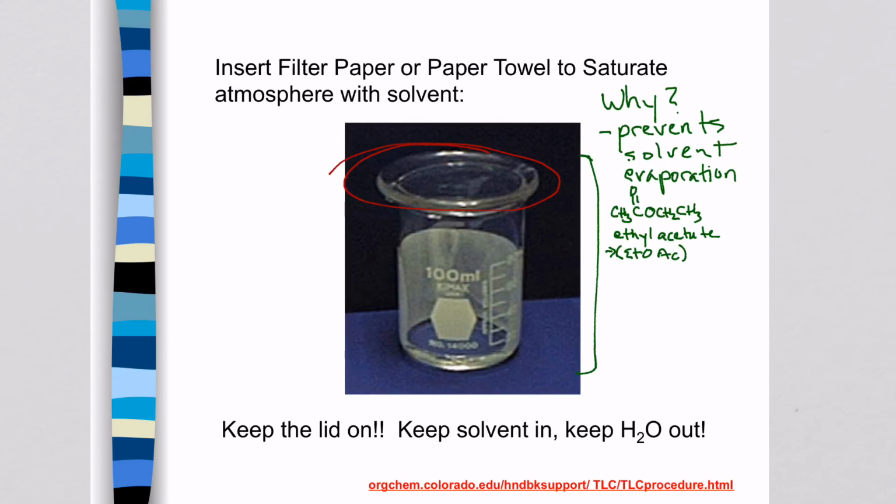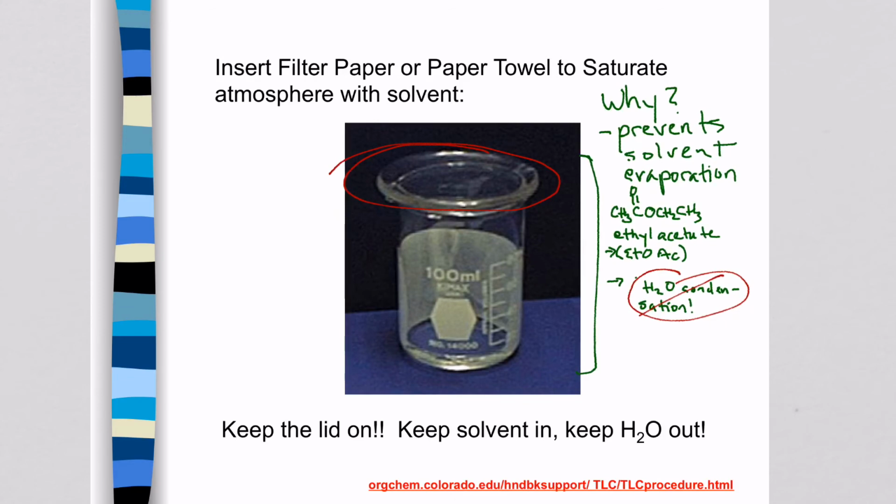However, if it starts evaporating, that's an endothermic process, and we live in humid North Carolina, and so what's going to happen is water condensation. And this is something that we want to prevent. Though ethyl acetate is polar and works well for this particular separation, water, you will recall, is even more polar. And if you start to get water contamination in your developing solvent, what will happen is the developing solvent will no longer effectively separate the components of your mixture.